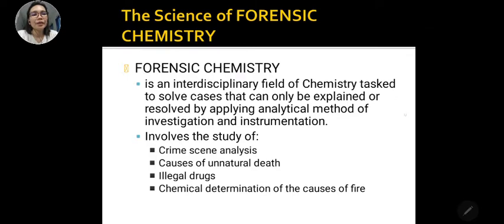So, dito sa causes of unnatural death, pwede dyan yung analysis natin in poisoning. So, kukuha sa autopsy, during autopsy, kukuha yung medical legal officer ng stomach contents or any fluid na pwedeng mag-identify ng toxic substances inside the body of our victims.